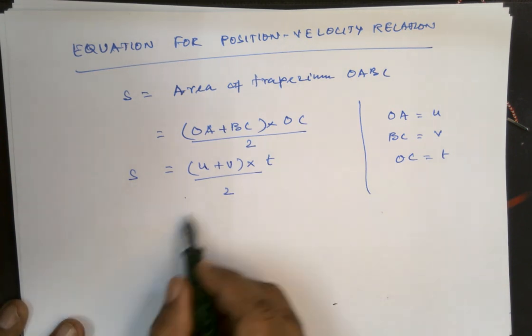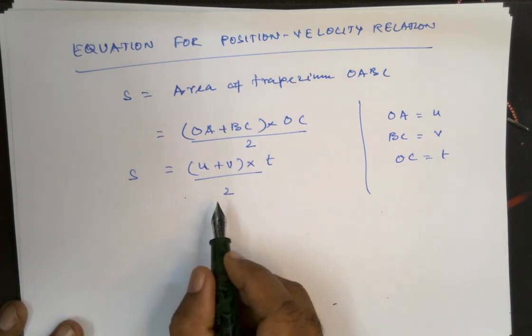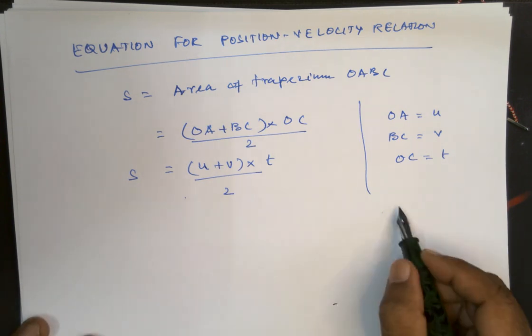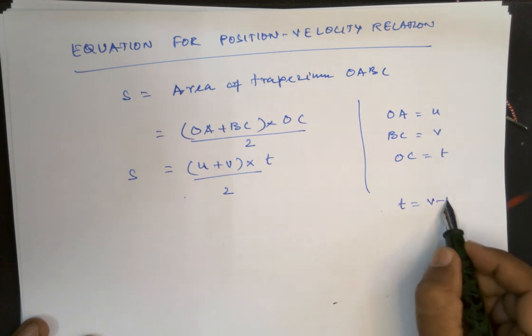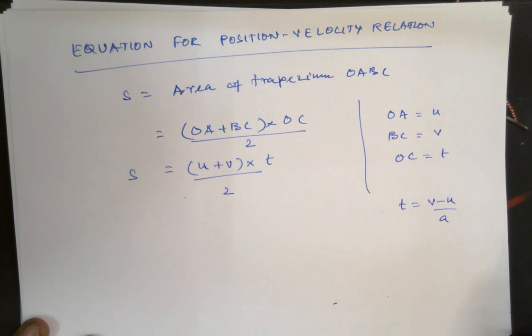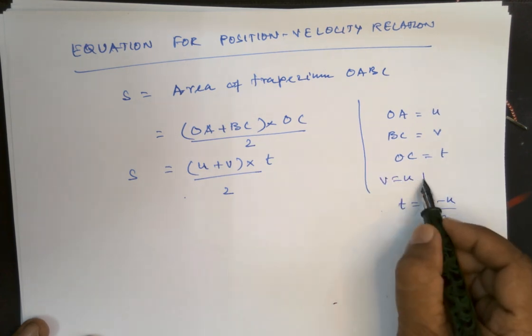Now we know already T is equal to V minus U divided by A, because V is equal to U plus AT.